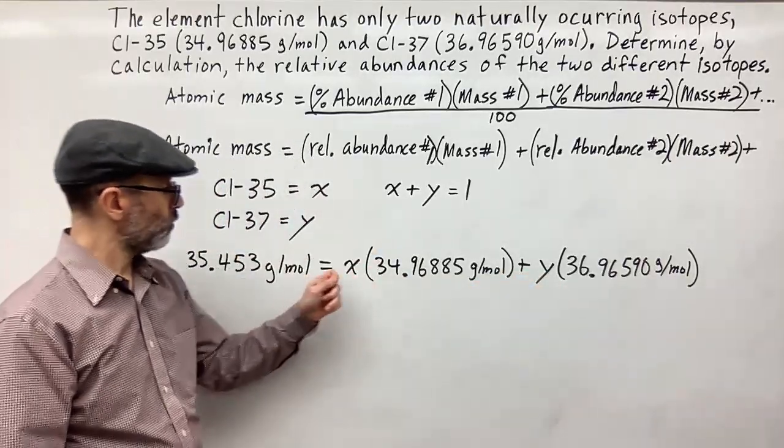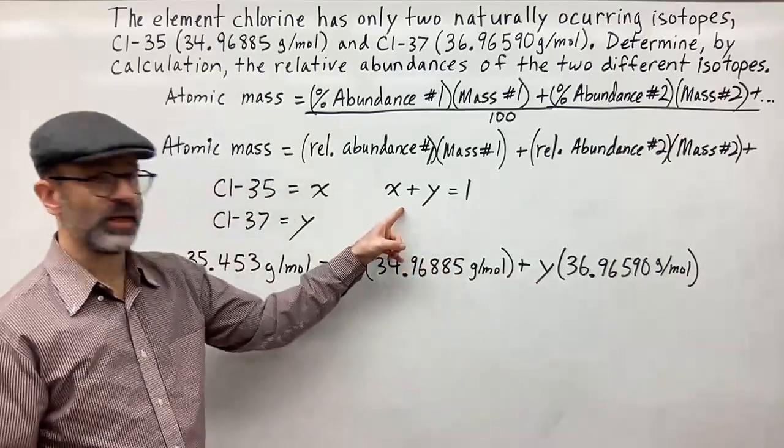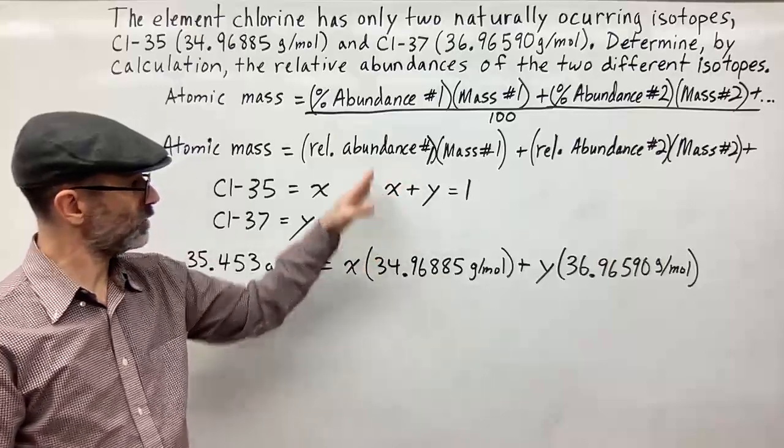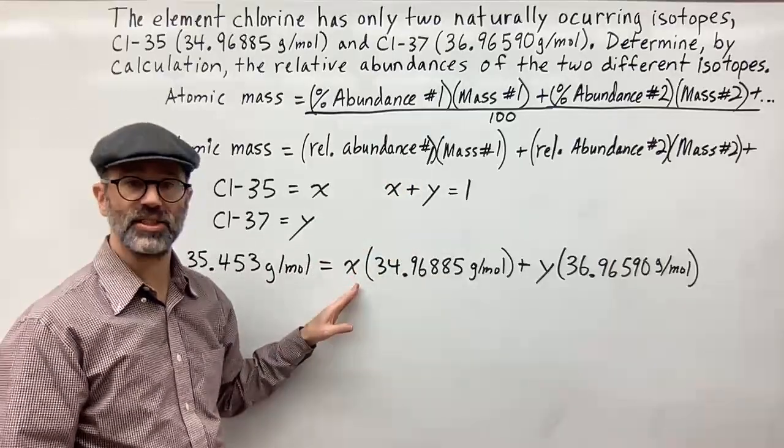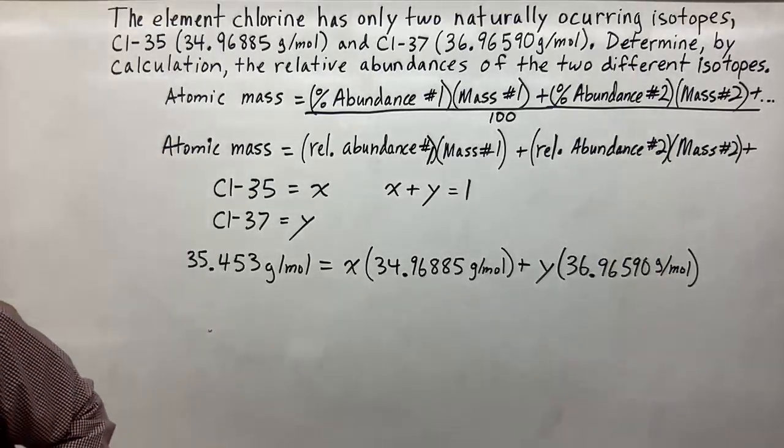So now we have two unknowns here. We have two equations. What we need to do is solve this for one of the variables and substitute. So let me see what I did here. Make sure I got the right one.